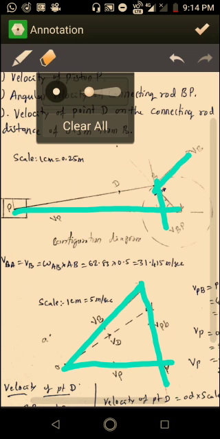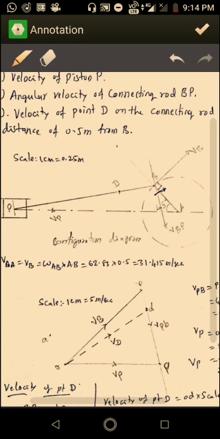From this velocity diagram, we can find the first part, the velocity of piston P. Velocity of piston P with respect to what? The fixed point. So measure this distance and convert it to scale.